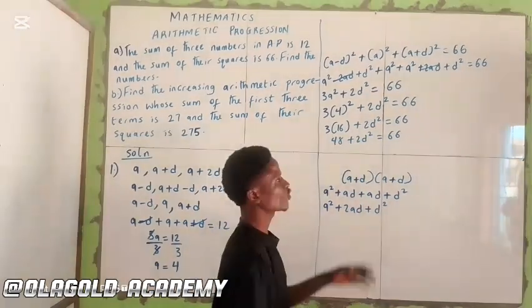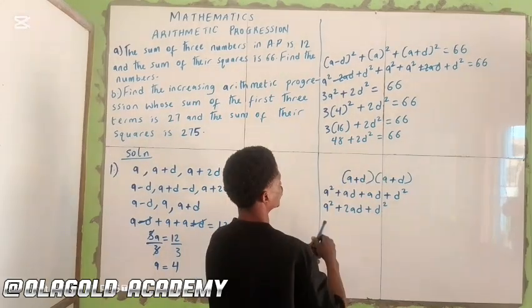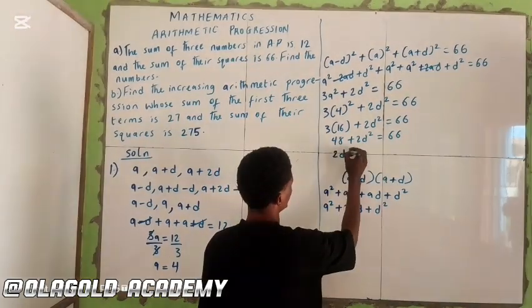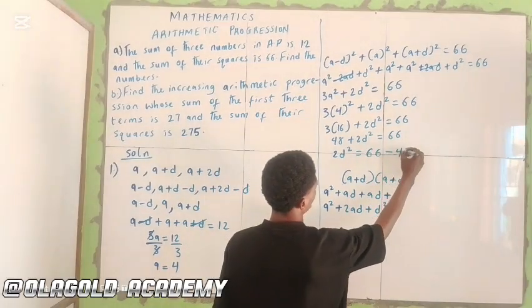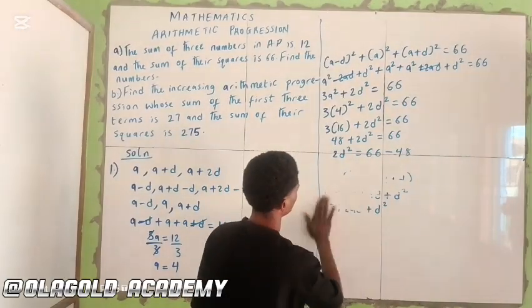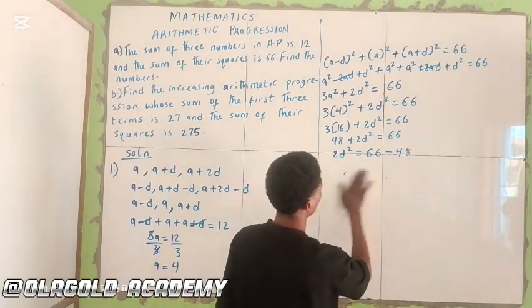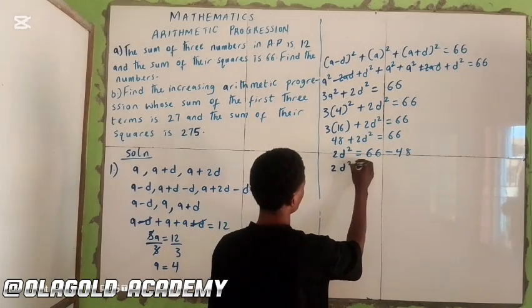What's the next thing here? Collect like terms. Bring this 48 here. We're going to have 2d squared equals 66 minus 48. Alright.